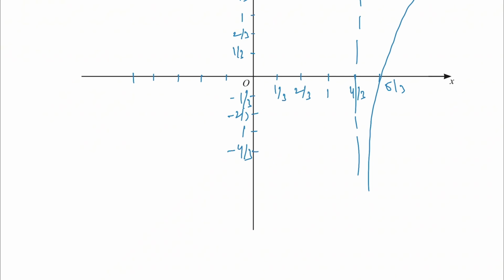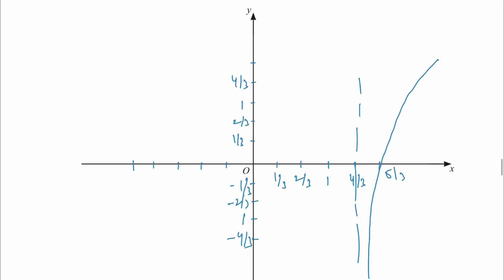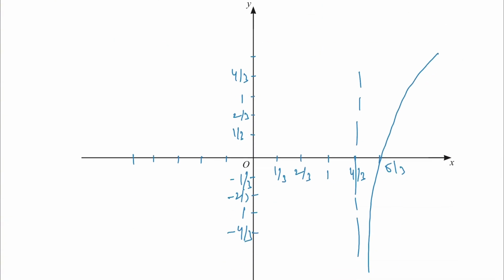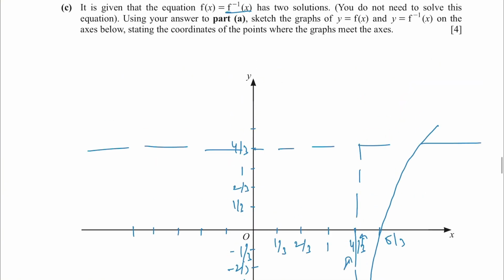Now what we can do is plot the f inverse of x. Let's just place a line over here, because the domain of f of x becomes the range of f inverse of x. So the line of f inverse of x wouldn't be touching this line.